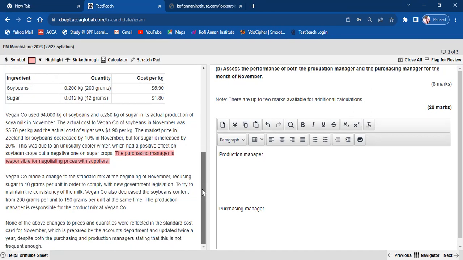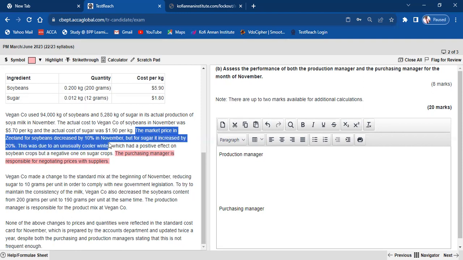Well, I'll tell the marker something along the lines of planning variances and say that the market price for soybeans decreased due to the colder winter. And since that was outside the control of the purchasing manager, the planning variance.